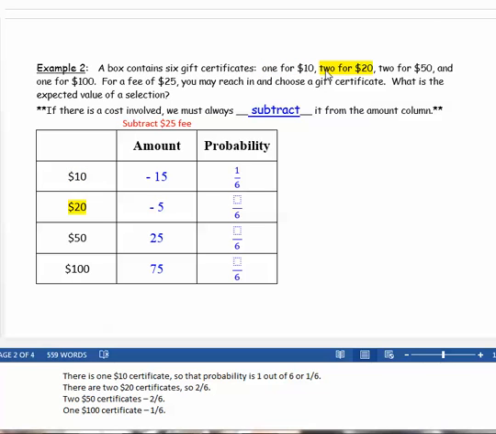There are two $20 certificates, so 2 out of 6. Two $50 certificates, 2 out of 6. One $100 certificate, so 1 out of 6.